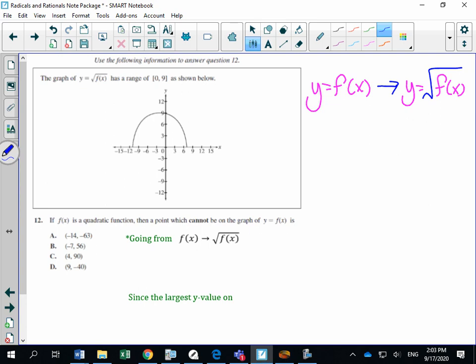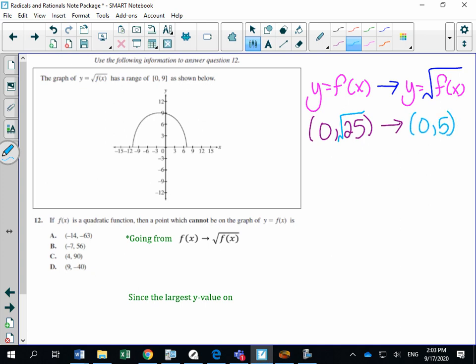Now, one thing I want to go through to understand this question: let's say you had a point on the original function, 0, 25. What's the new point going to be on the radical function? With radical graphs, we square root the y values, so on the new function the coordinate would be 0, 5.